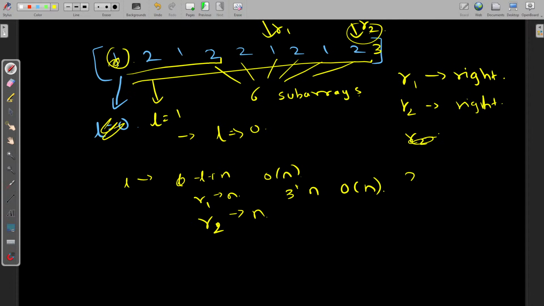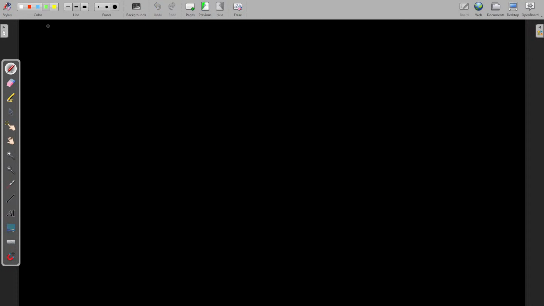Instead of 2 pointers, if we keep 3 pointers, the first pointer would be the start of the range.